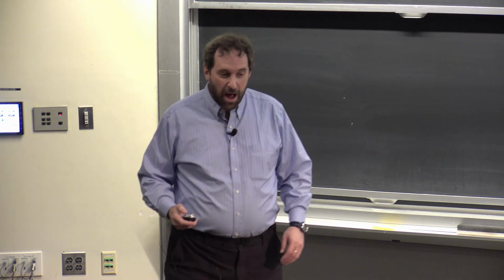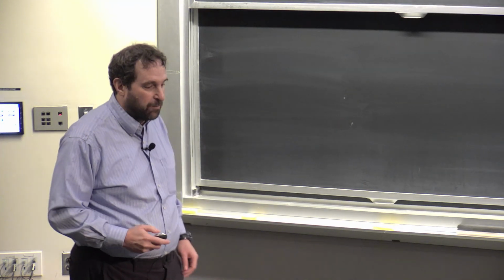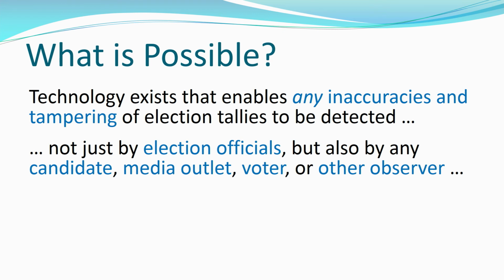aware of. So I want to talk about an alternative that's also not perfect, but it actually complements this well, and it's possible to have a technology that enables any inaccuracies in an election to be detected. And I'm not just talking about known inaccuracies. I'm talking about any possible tampering, changing of tallies can be detected. And when I say detected, I'm not just speaking of detected by election officials, detected by any observer, by voters themselves, by candidates, by media outlets.